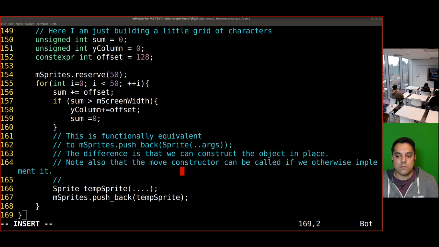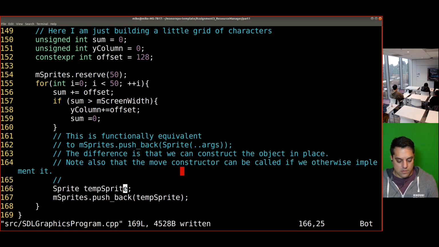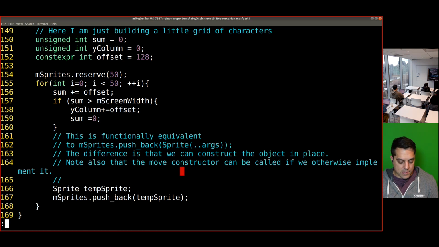Do you mind if you try to remove the move constructor and see if the copy constructor is called? Like just comment it out in the header file. I think because we don't have a body just yet. Sure. Yeah. Let me see here.